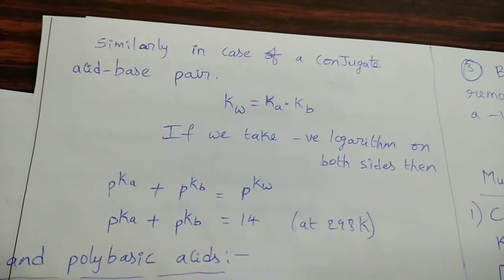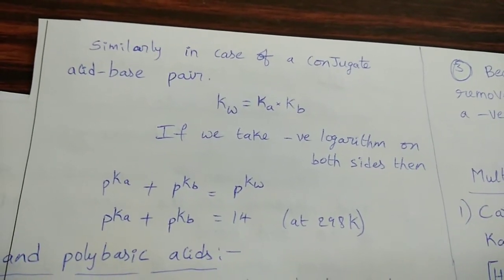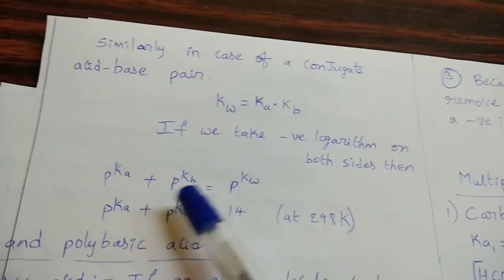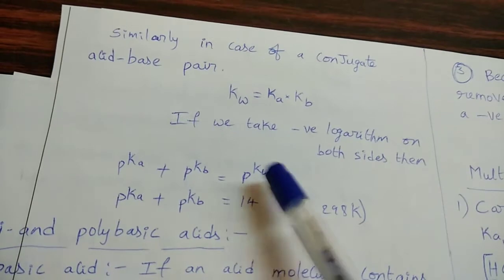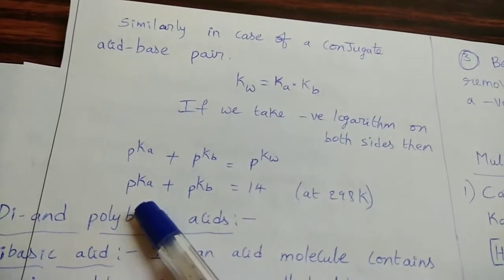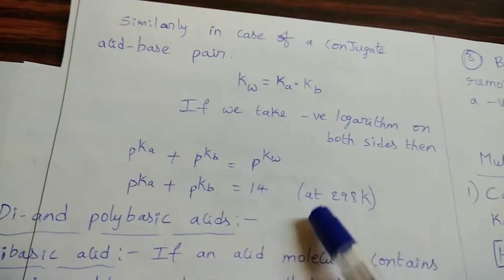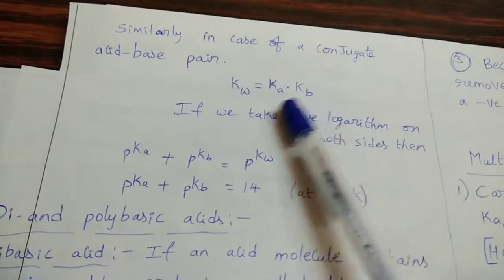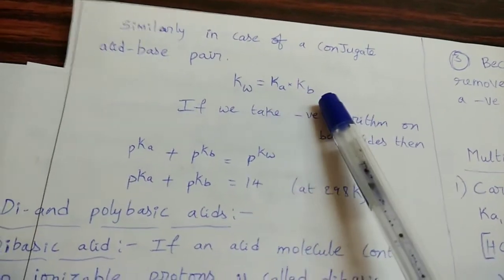If we take negative logarithm on both sides, then we can get pKa plus pKb equal to pKw. So pKw means 14. So substitute the value: pKa plus pKb equal to 14 at 298 Kelvin. Remember this relation and this one also, Kw equal to Ka into Kb.